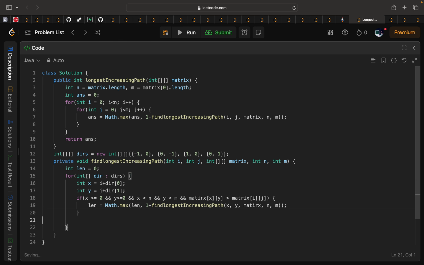And at the end we can return our length.